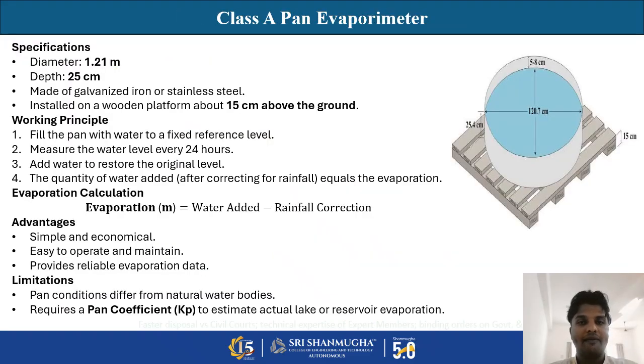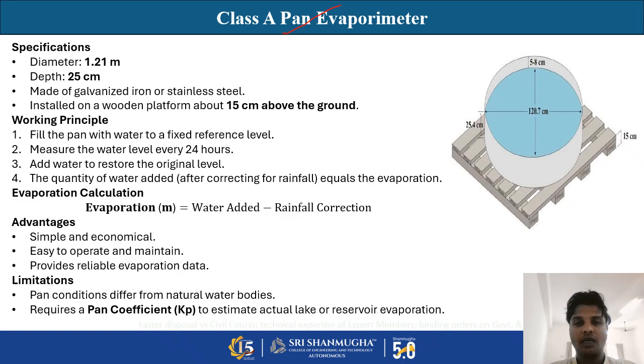Class A pan evaporimeter is a widely used instrument to measure evaporation, and it is recommended by the World Meteorological Department. Here the specification, the dimension of that evaporimeter, is given.